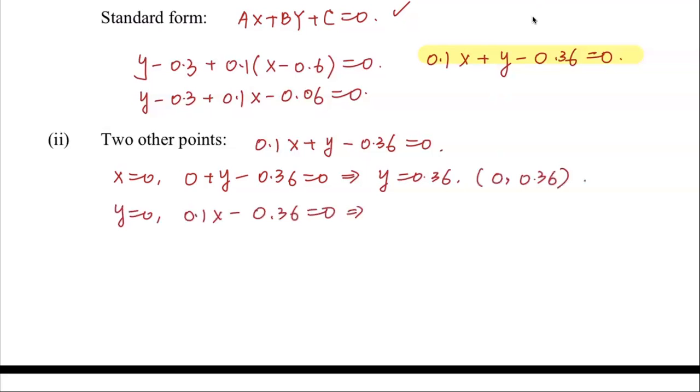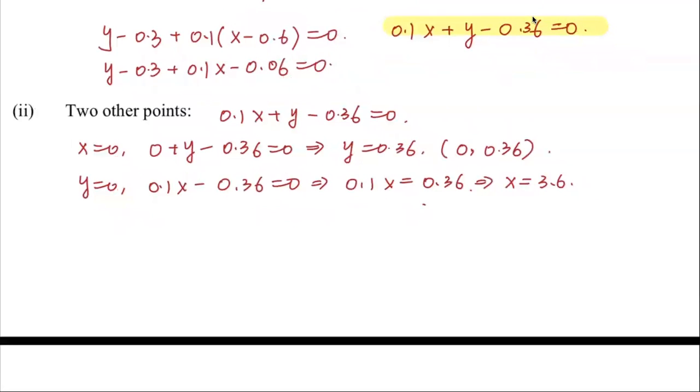This gives us 0.1x is equal to 0.36, which means x is equal to 3.6. Right? So the second point we found is (3.6, 0).